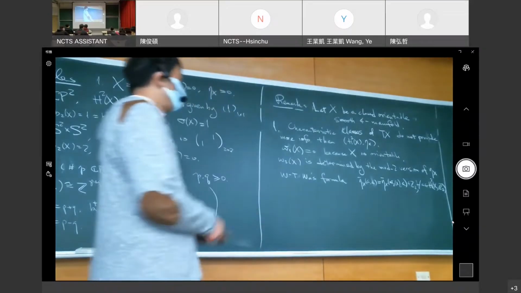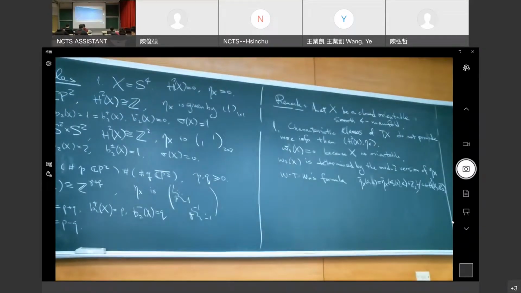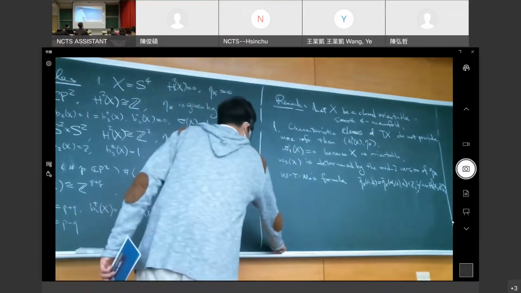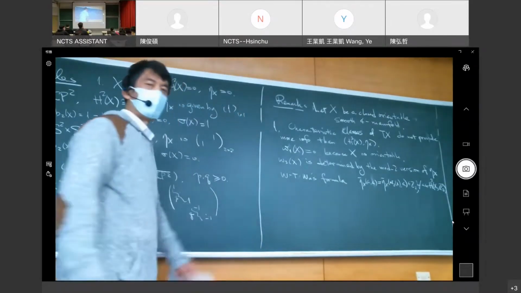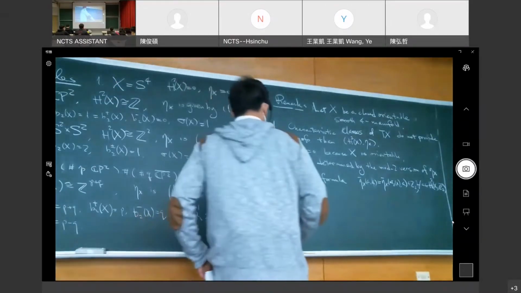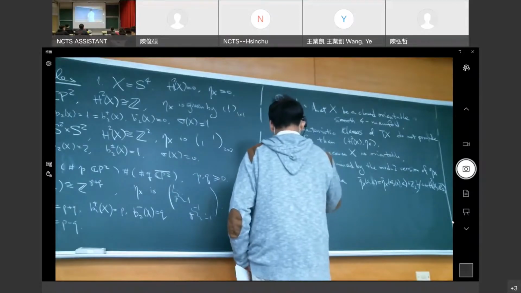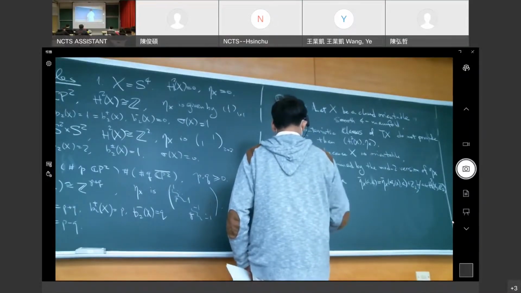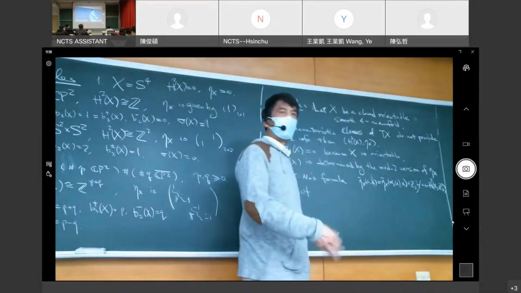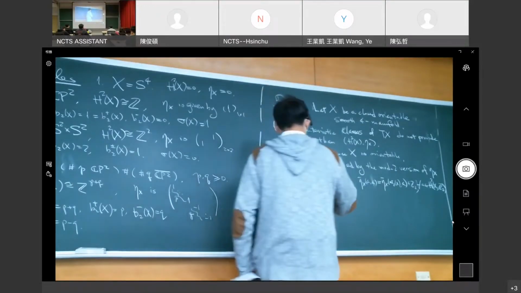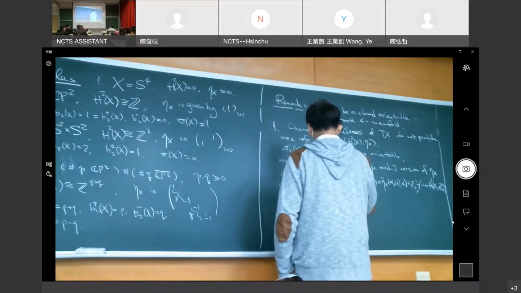And if you are not fully convinced, we can do an explicit calculation to show that w2 is not so interesting in terms of giving extra information on four manifolds.